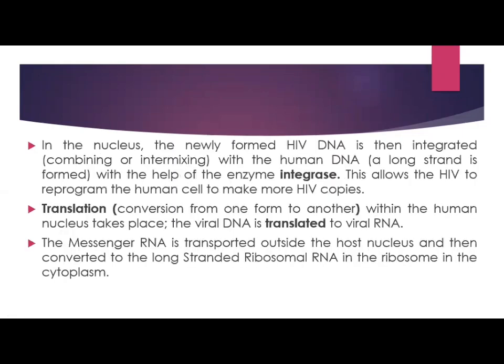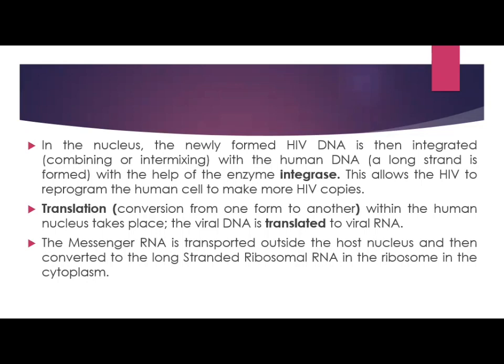So now we are saying the last point was the HIV DNA double strand enters the nucleus. So in the nucleus, the newly formed HIV DNA is then integrated or combined with the human DNA. A long strand is formed with the help of an enzyme, integrase.